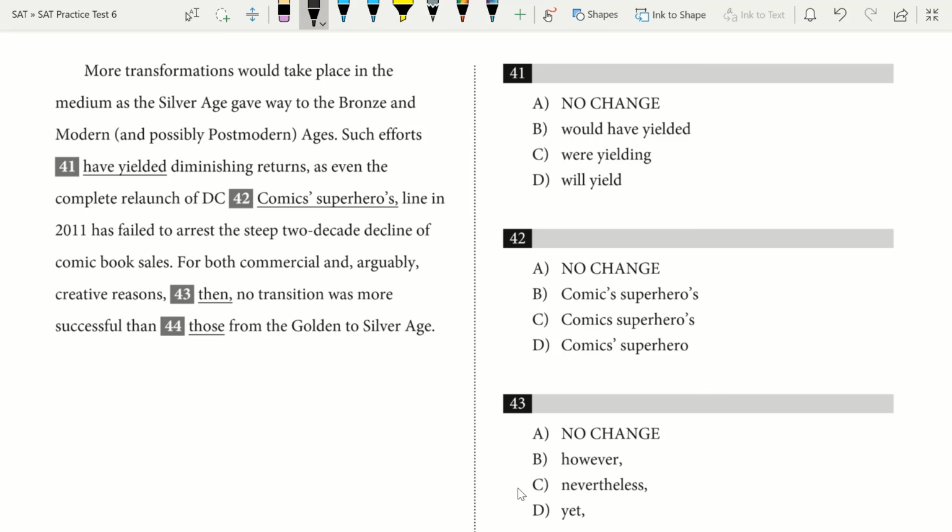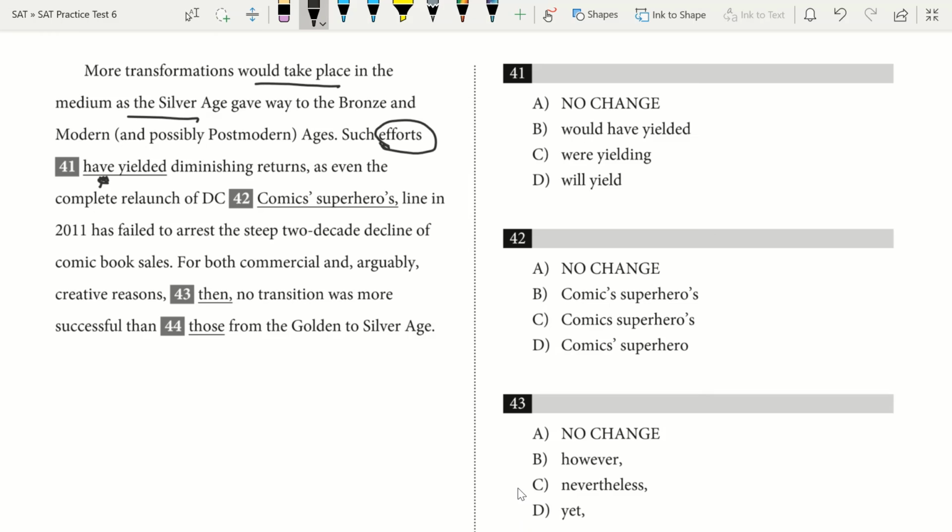And we can go ahead and answer 41. Such efforts is plural, right? So we need to have a plural verb, right? So such efforts have is going to be our plural form. They have yielded diminishing returns, right? We see that that is also consistent with our tense, right?